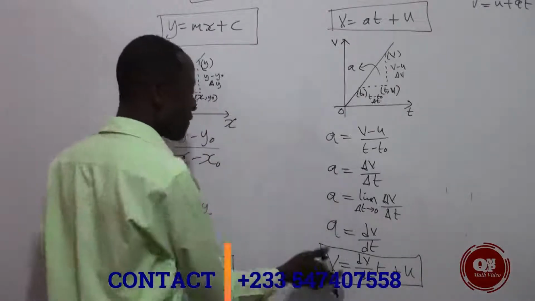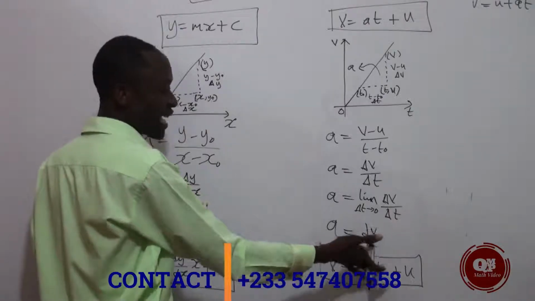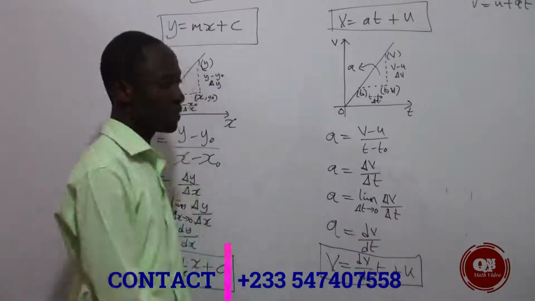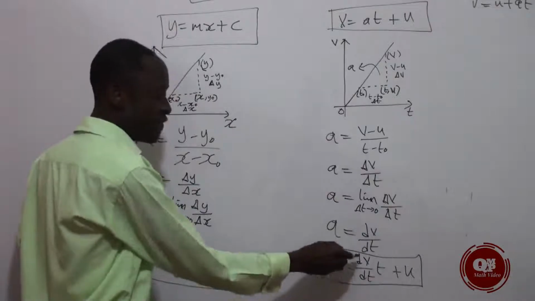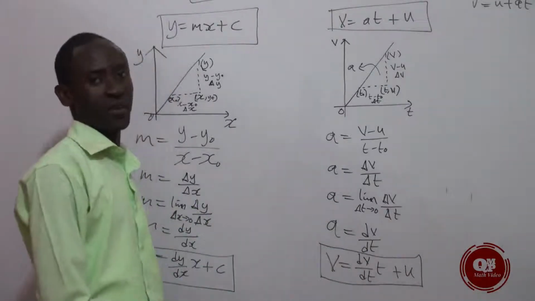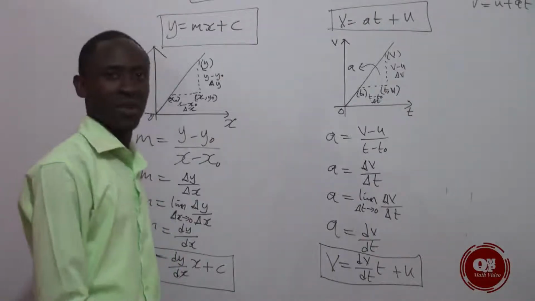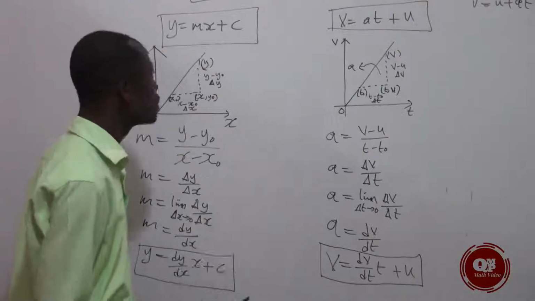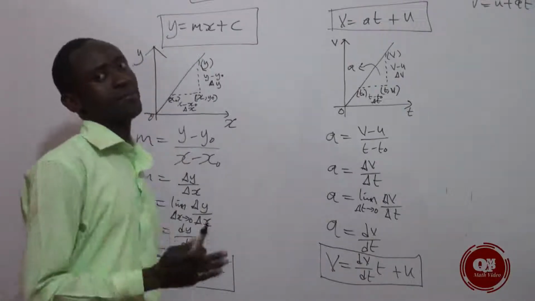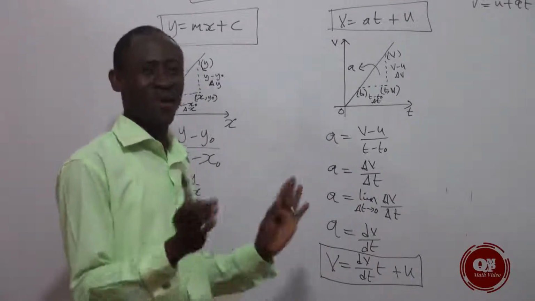This time we have V is equal to the dV dt times the time and then plus U. This, the dV dt, is the derivative we are talking about here. Yes, so when we talk of a derivative, we are simply referring to a gradient. A derivative simply refers to a gradient.